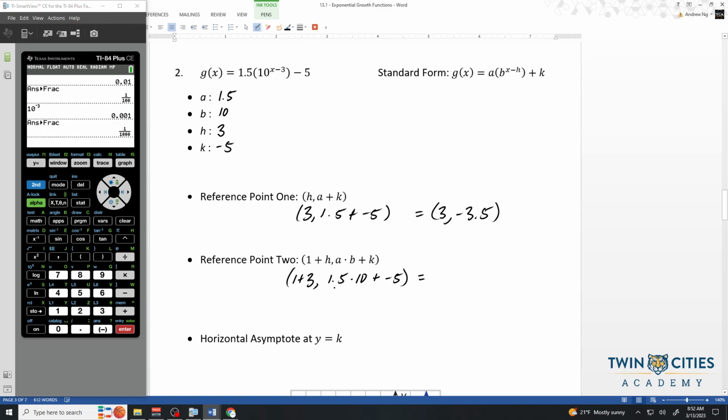So this will end up being 1 plus 3 is 4, and 1.5 times 10, or 1.5 of 10, is 15, plus a -5 brings me back to 10.